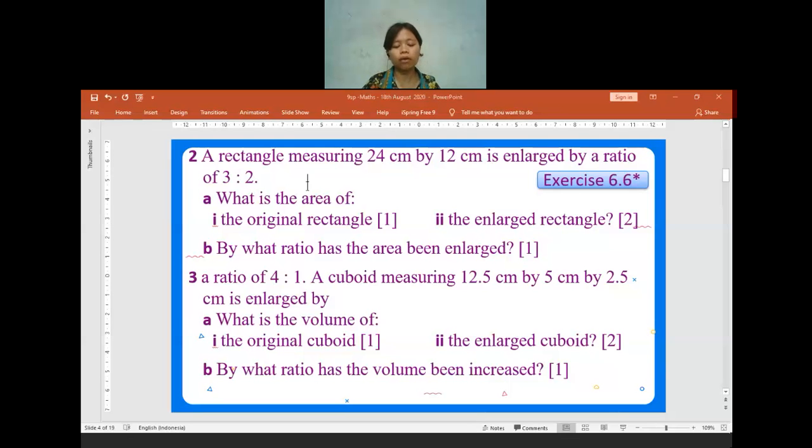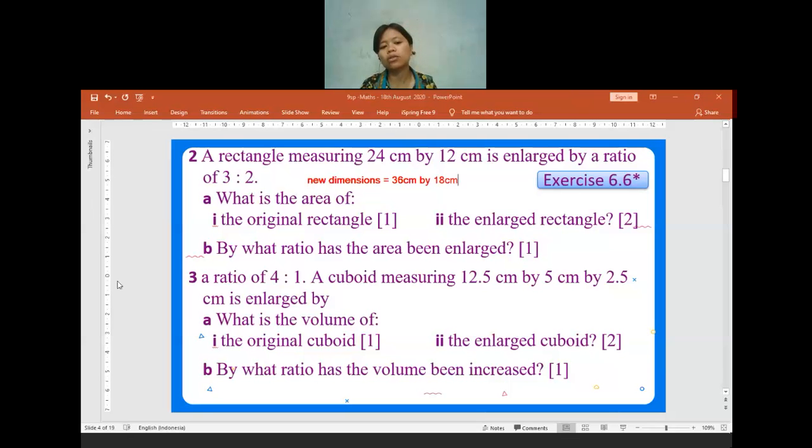Is there anyone who already found the new dimension? 36 by 18. Is there anyone who got a different answer or got confused?